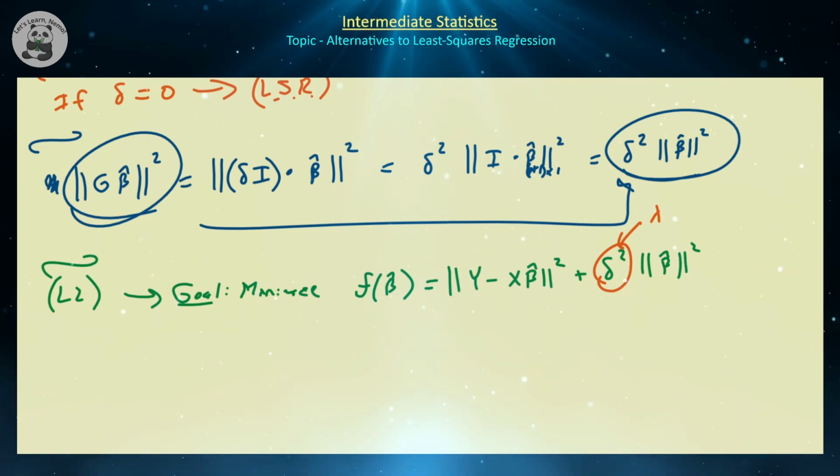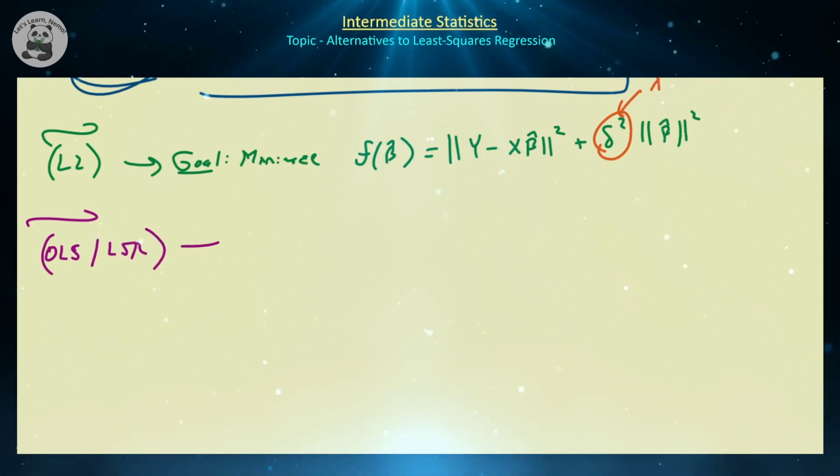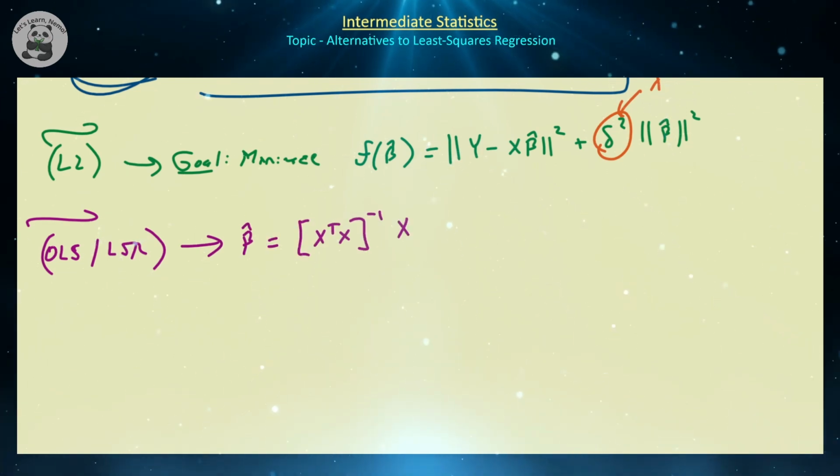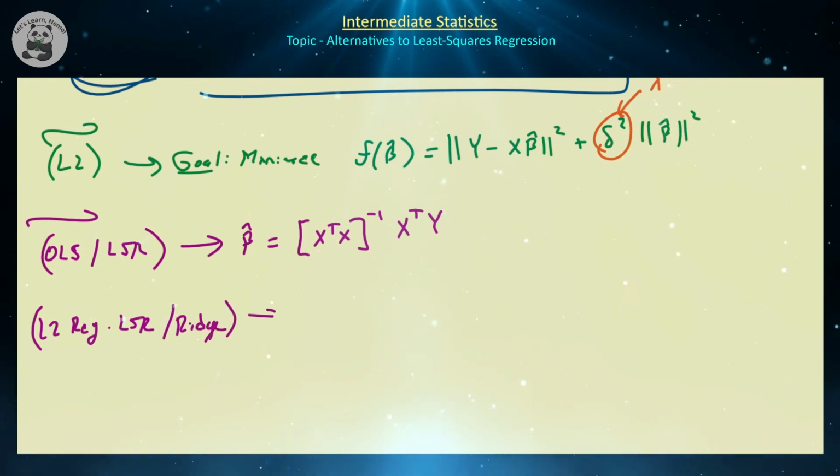All right, so that is that. So keep in mind, for the ordinary least squares regression approach, we had that beta hat is equal to X transpose X inverse times X transpose y, right? So if we use this L2 regularized least squares regression approach, and some people give this a different name, we call this the ridge approach, then one can show that the solution is pretty neat.